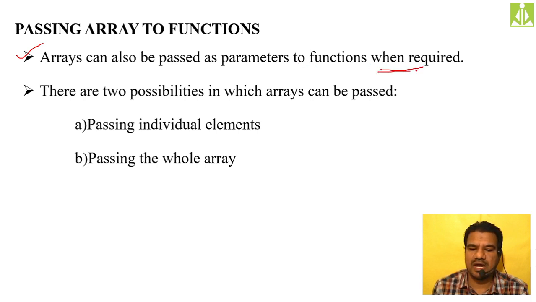Based on our requirement, or based on our logic processing, sometimes it is required to pass the complete array, or sometimes it is required to pass the individual elements from the array as arguments to functions. So there are two possibilities in which arrays can be passed. As I just now said, we can pass the individual elements, or we can pass the complete array.